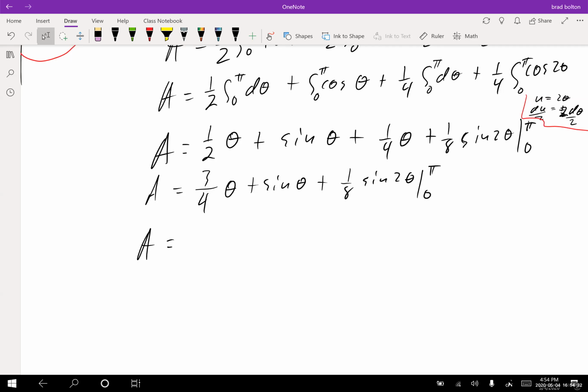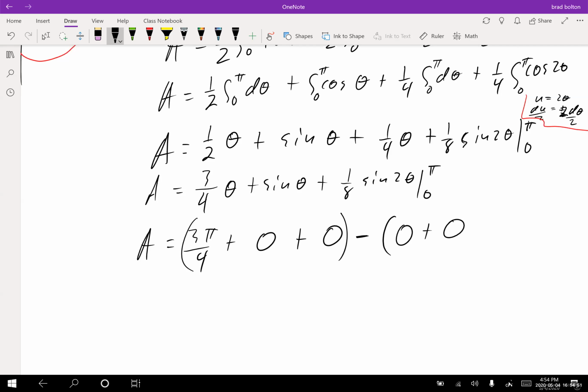Okay, so then we have A equals 3 pi over 4 plus, now the sine of pi is 0, plus the sine of 2 pi times 1/8 is 0, right? So that's my f of b minus my f of a. Well, this would be 0 plus 0 plus 0. So then we have A is equal to 3 pi over 4. And I believe that should be correct.